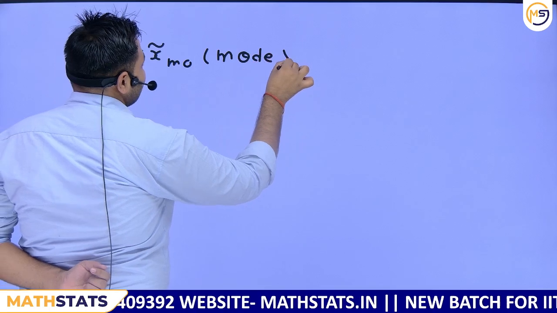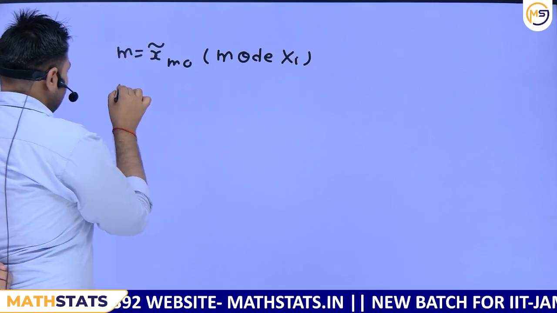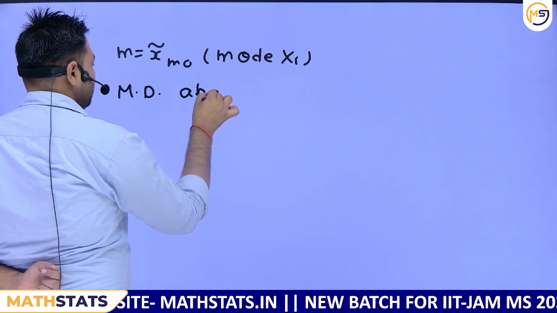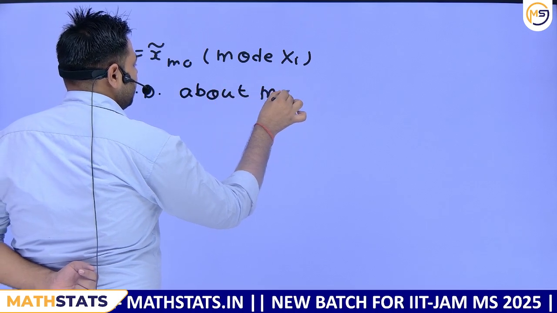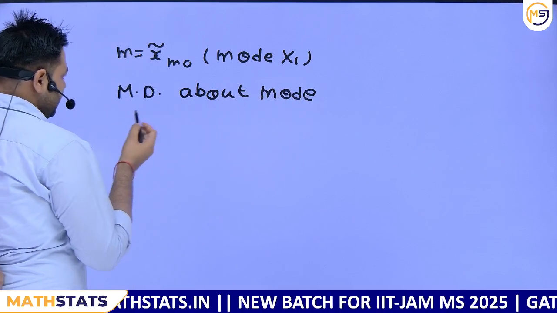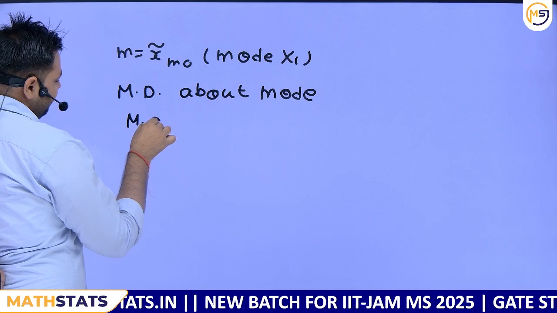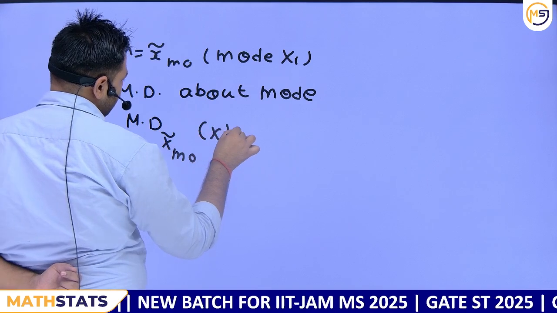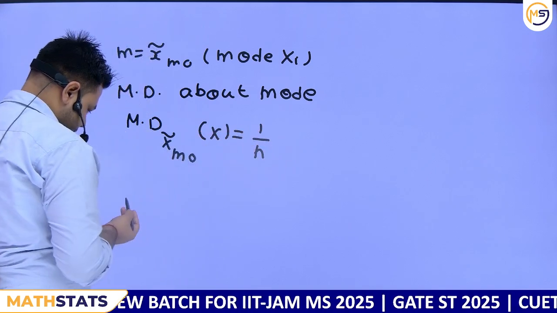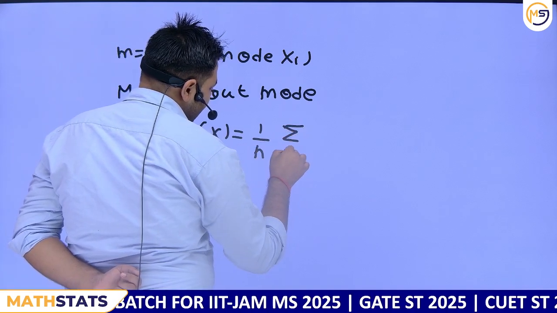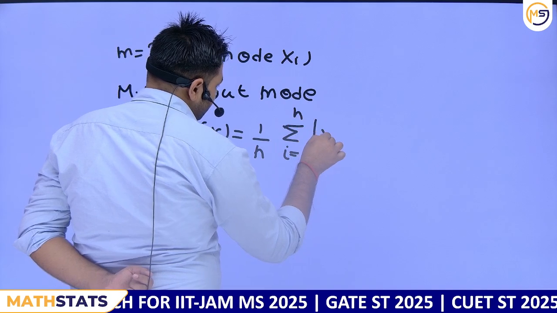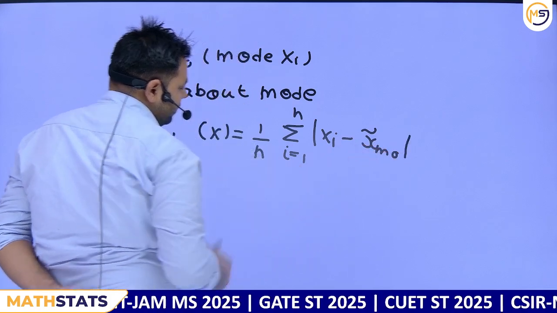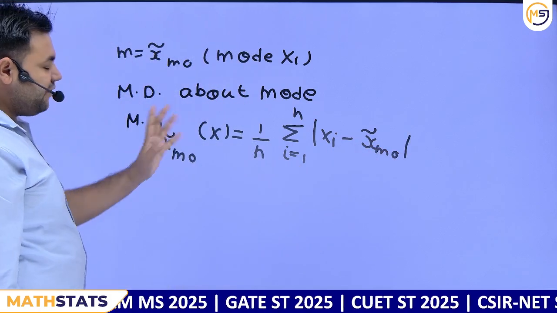So mean deviation about mode is MD about x tilde mo of x equal to 1 upon n summation i equal to 1 to n mod of xi minus x mo. Okay, so this is the basic definition.